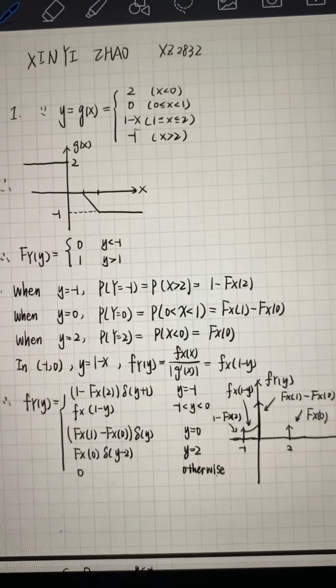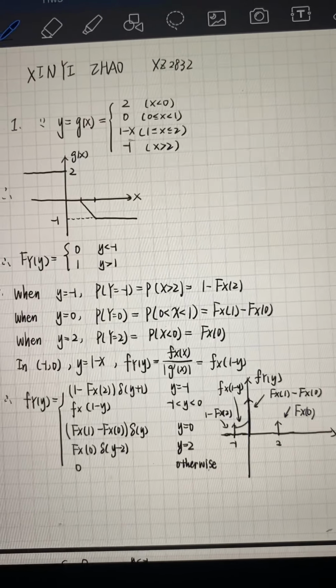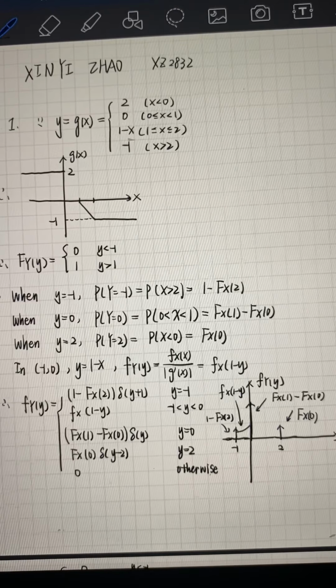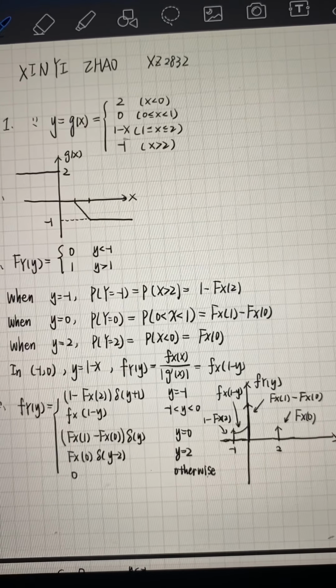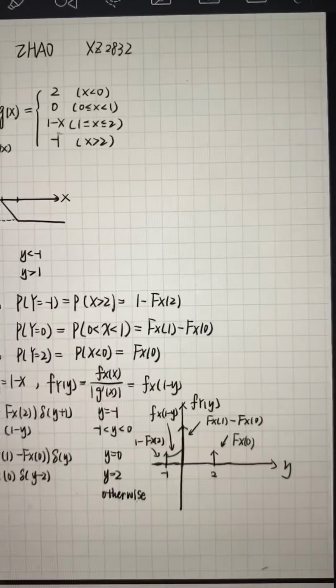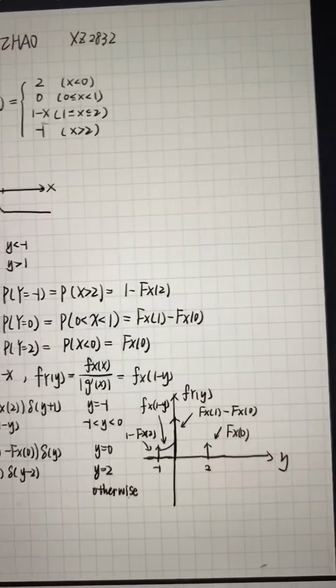And when y equals 2, it is upper fx 0 times delta y minus 2. Otherwise, it is 0. So from this expression, we can draw the lower fy.